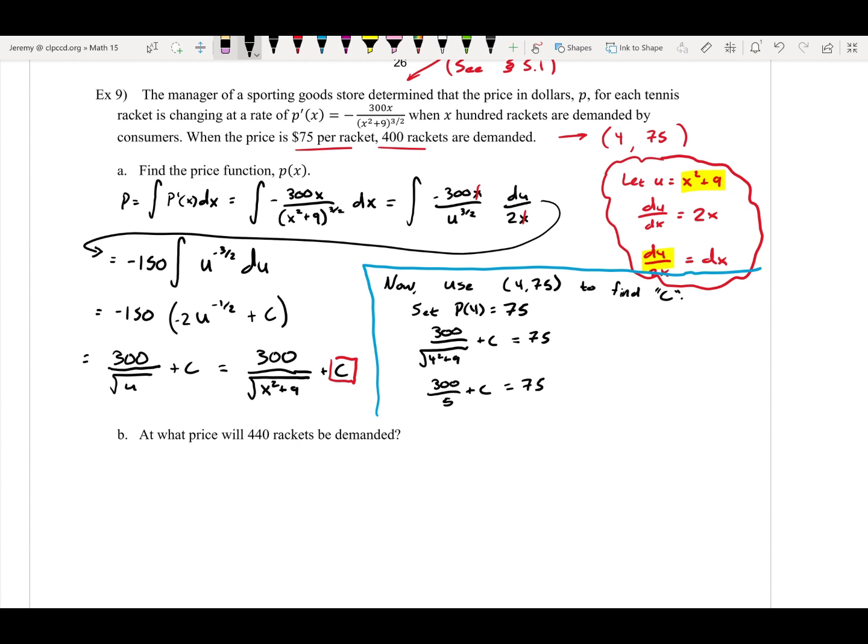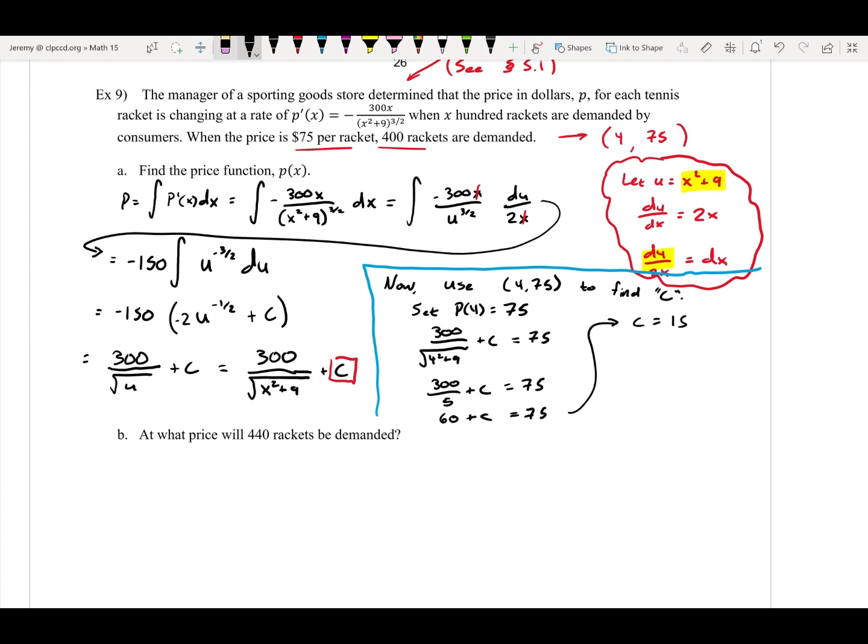That's nice. It looks like we're getting a whole number here. So 300 divided by 5 gives me 60.